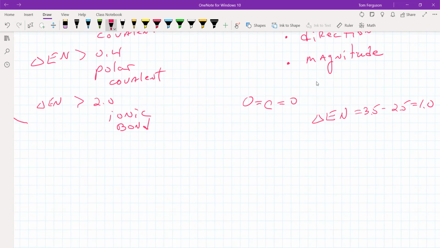Which is more electronegative, the oxygen or the carbon? Oxygen is more electronegative. It's 3.5. Carbon is 2.5. So we're going to draw a dipole using an arrow.